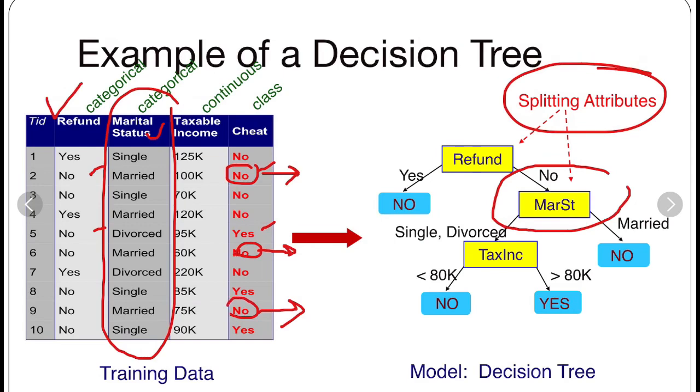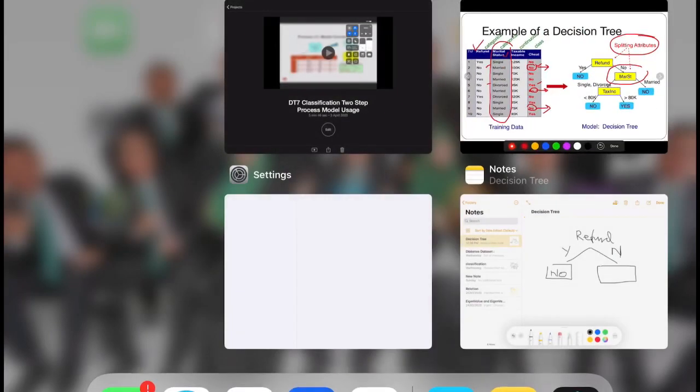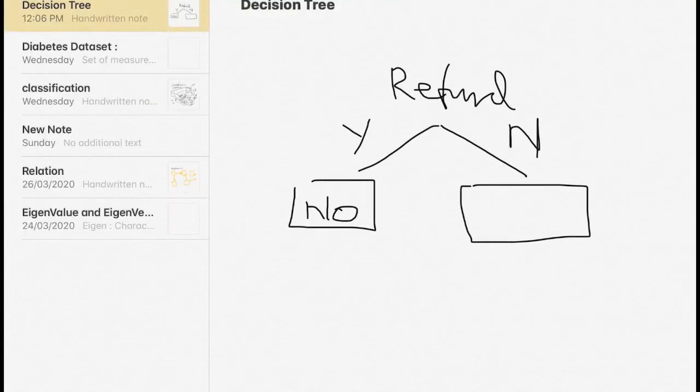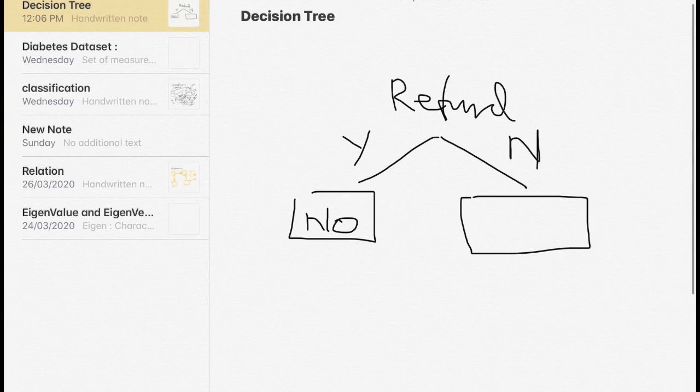So we can draw another level of the tree here. So this would be the splitting attribute, that is marital status.